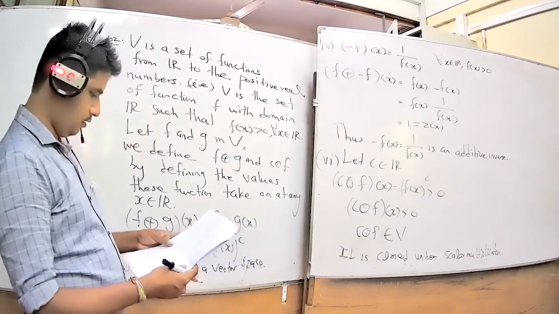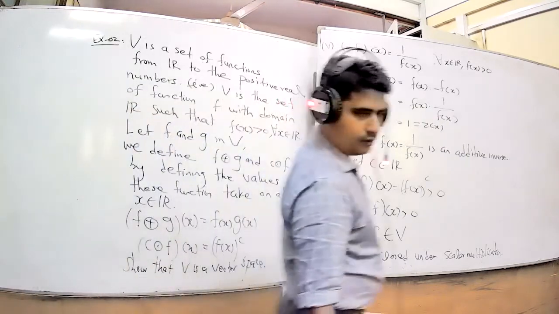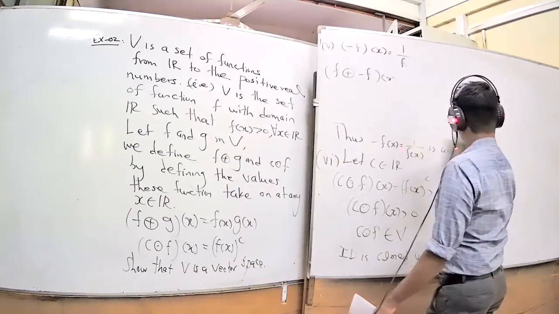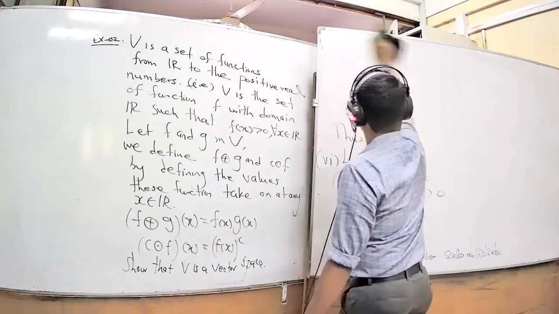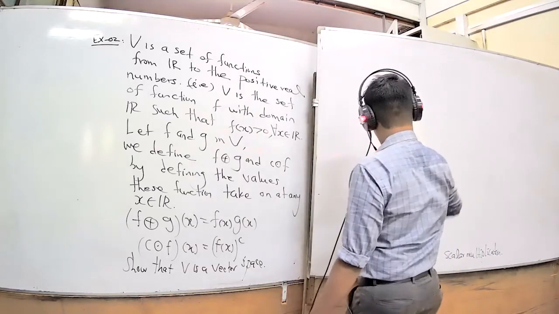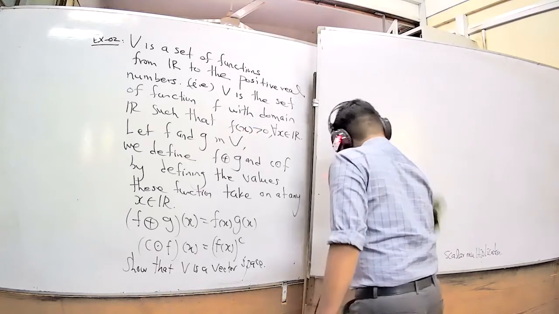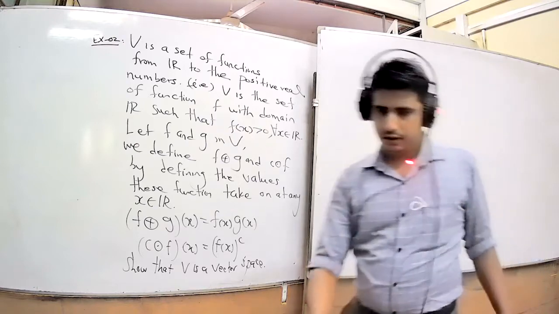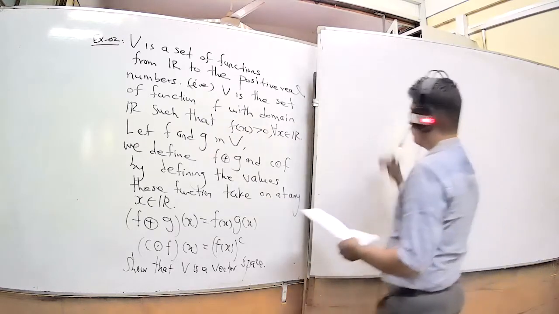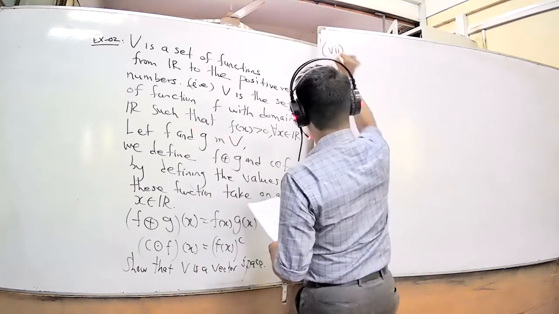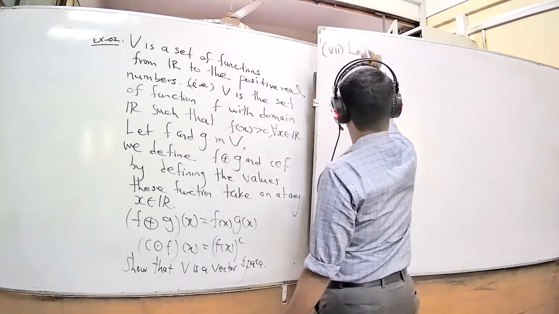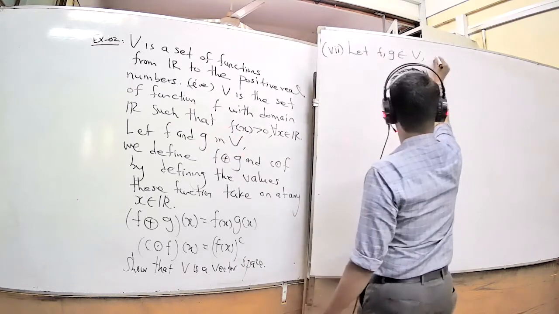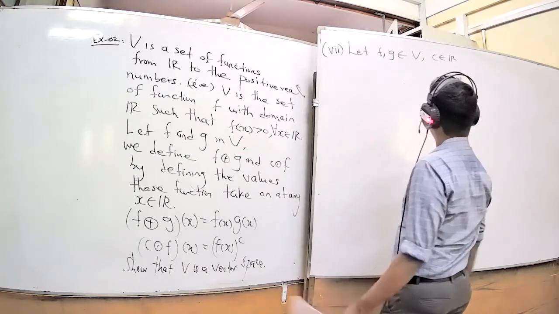Next, axiom number 7. Let f, g in V and c belong to the real numbers, one of the scalars.